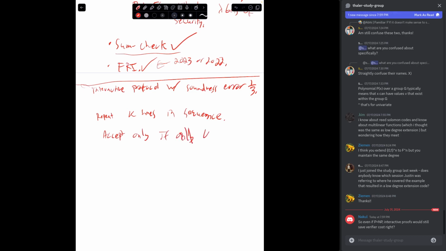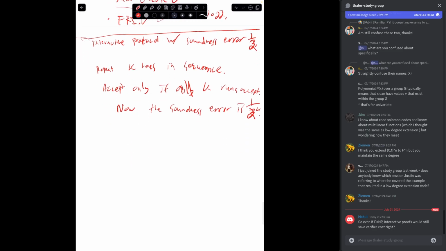This works interactively. For the k-fold repetition, the soundness error is 1/2 to the k. If k is 128, you repeat it 128 times and you're cryptographically secure. If you apply Fiat Shamir to this, it has no security at all.